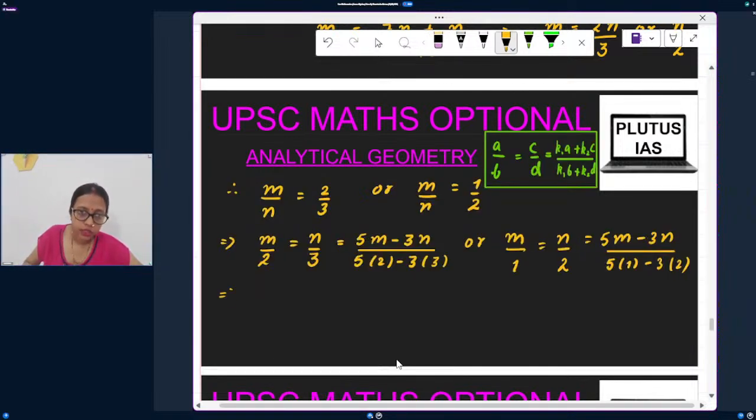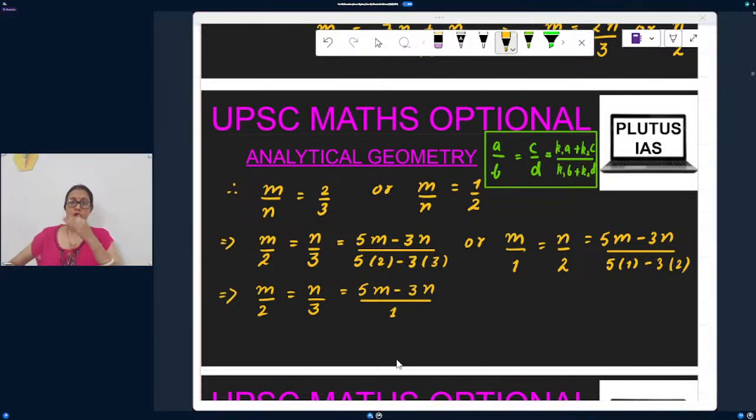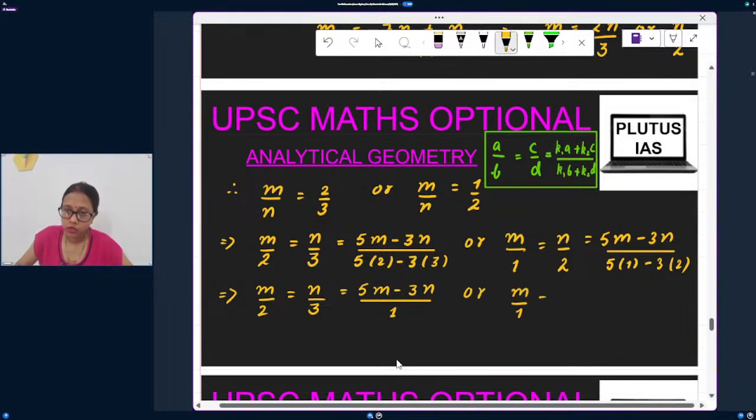Now m by 2 is equal to n by 3 is equal to 5m minus 3n divided by 1, and here m by 1 is equal to n by 2 is equal to 5m minus 3n divided by minus 1, which is nothing but l.